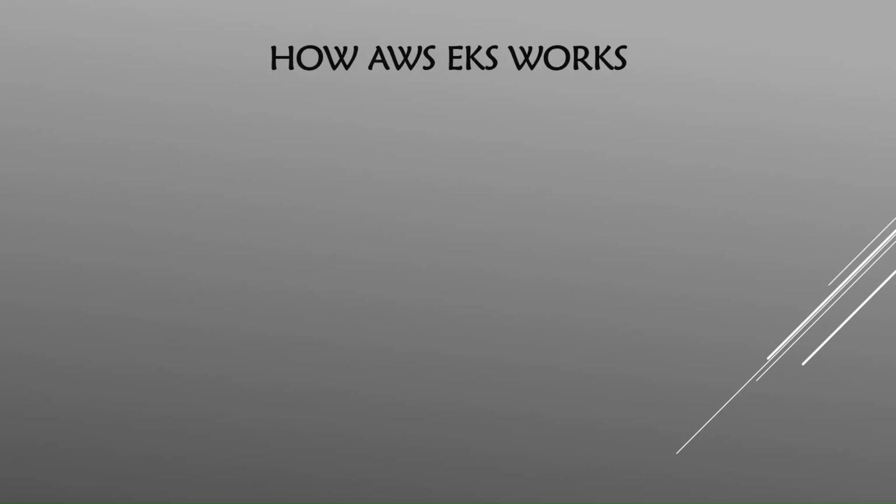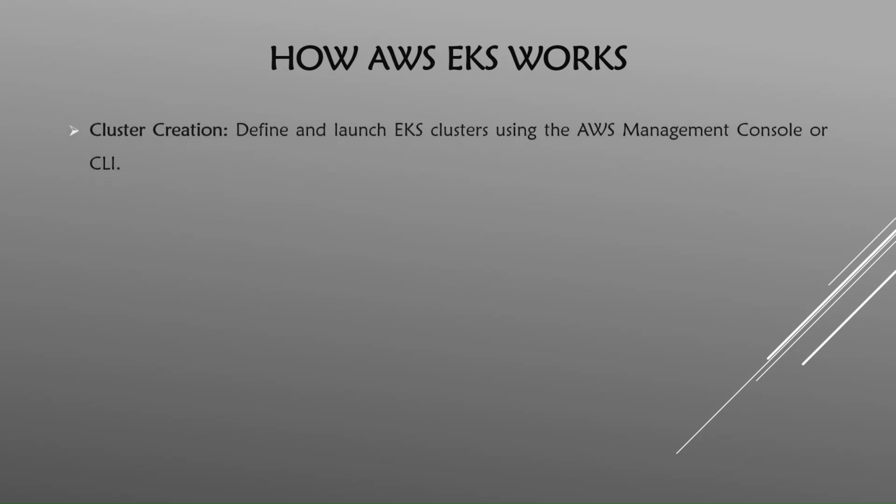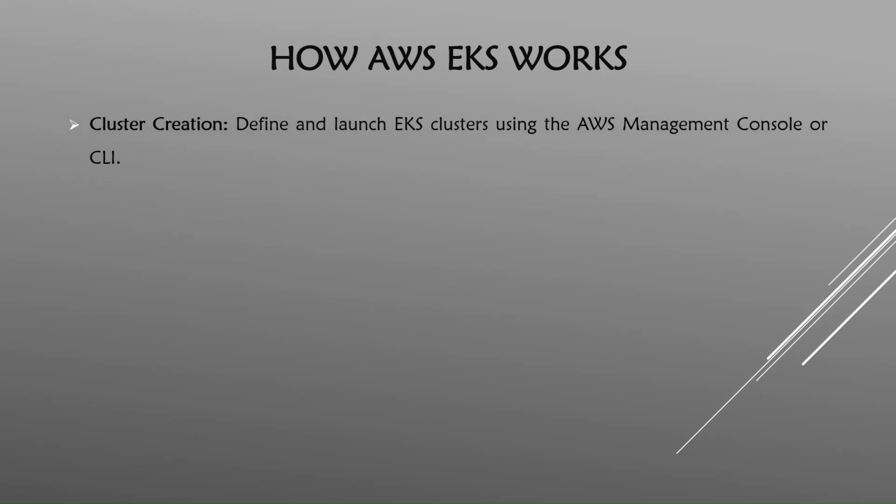So let's understand how AWS EKS works. First, cluster creation. You start by creating an EKS cluster using the AWS Management Console or the AWS command line interface. AWS sets up the Kubernetes control plane, the brain of the cluster, for you, making it ready for use.